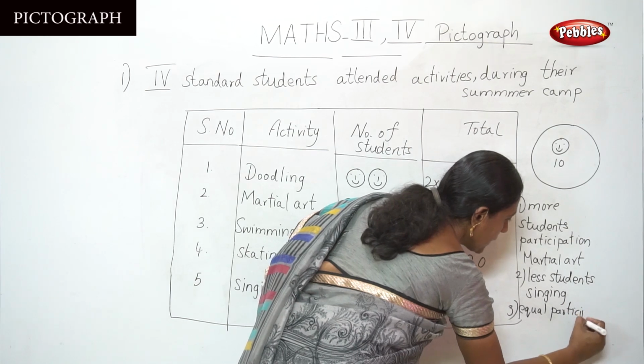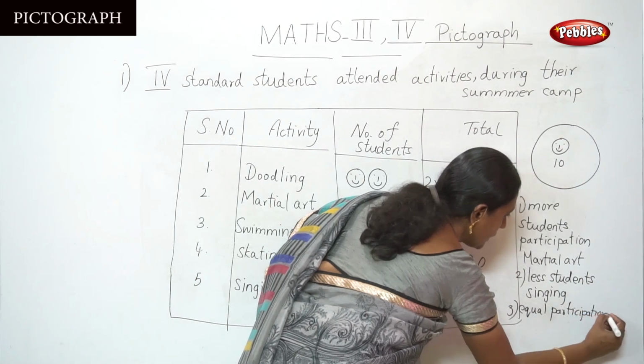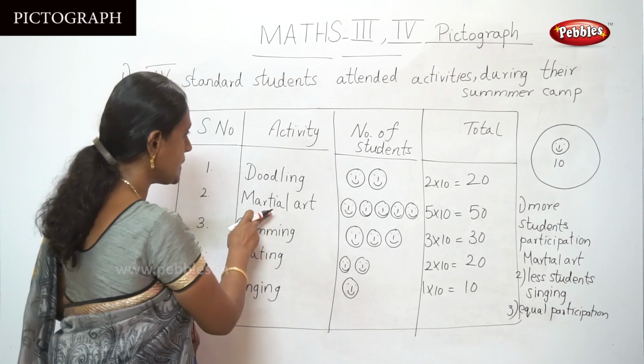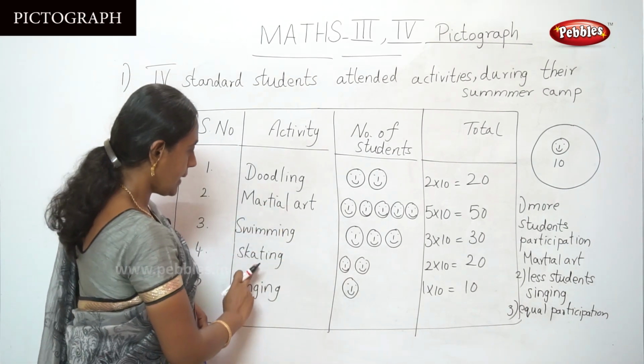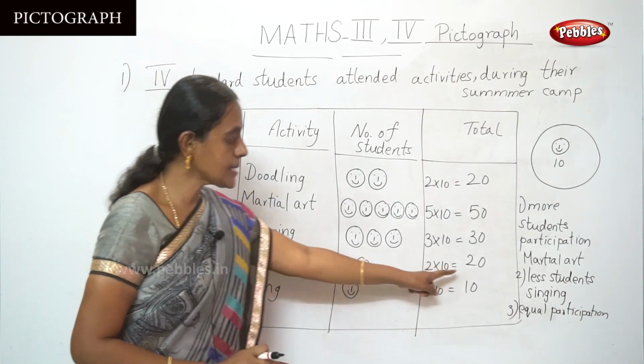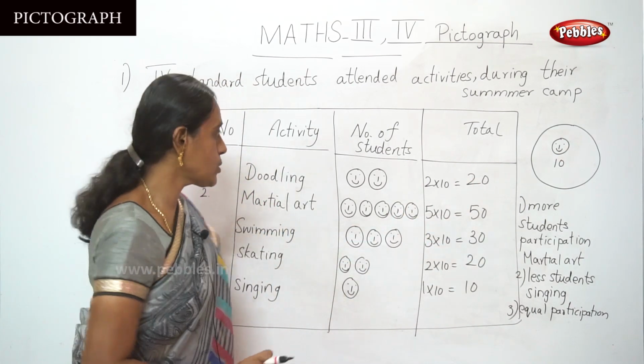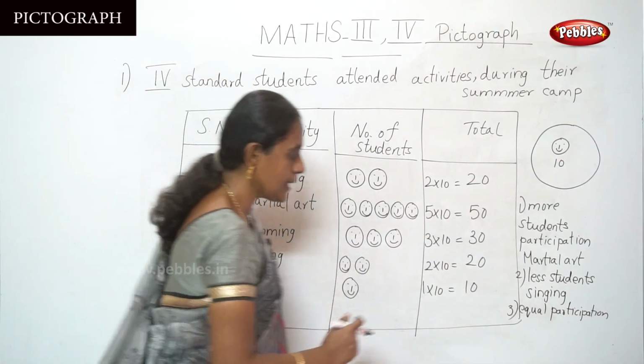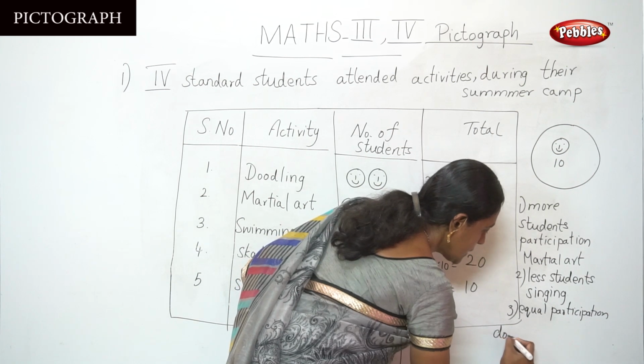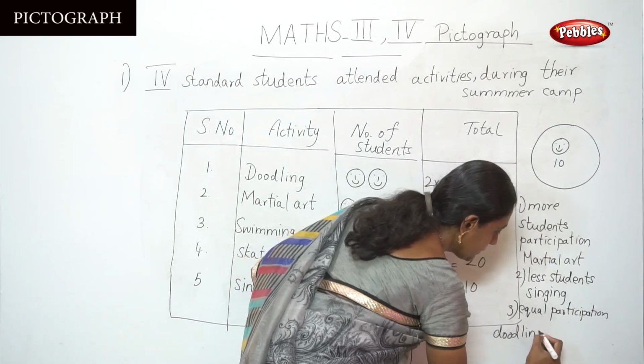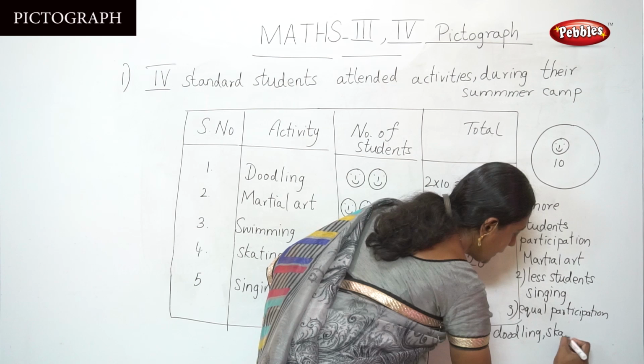Doodling and skating, because they have the same values, 20 and 20. So doodling and skating is the answer.